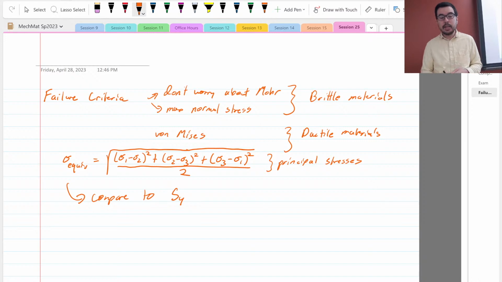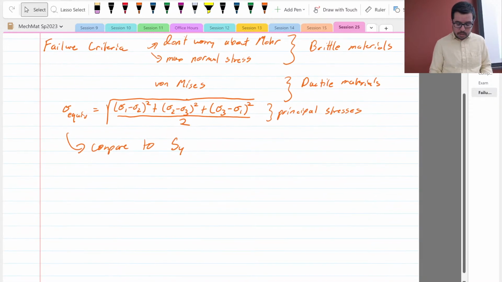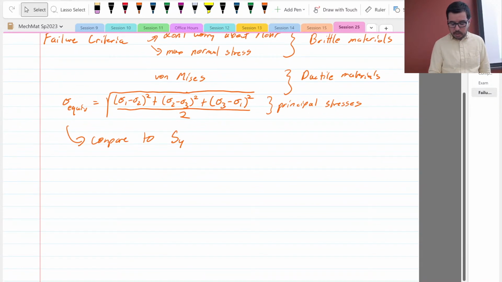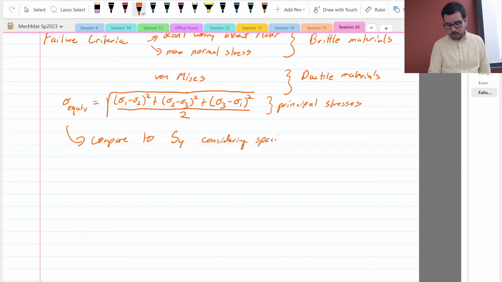We need to know if it's less or more than the yield strength, and we need to be able to do this with safety factors. Safety factors, as we saw in the assignment, are deceptively not simple. They can be a pain, but they're important. So compared to SY, and considering a specified safety factor.